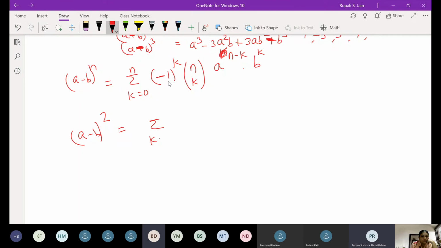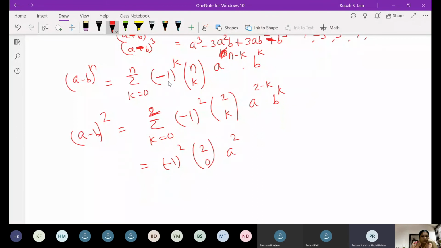It is k equal to 0 to 2, minus 1 raised to k, 2 choose k, a raised to 2 minus k, b raised to k. Is it? So minus 1 raised to k, k is equal to 0. It is minus 1 raised to 0, 2 choose 0, a raised to 2, b raised to 0, which is 1, right?